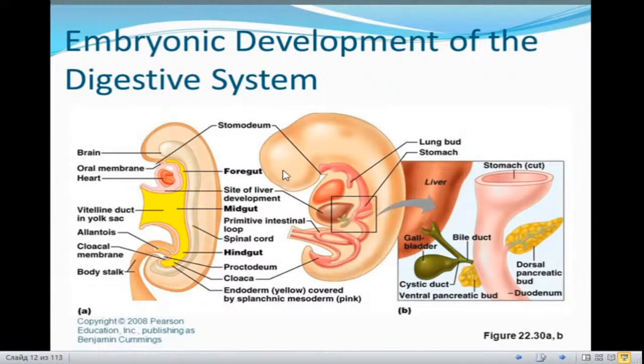Then from both ends of the embryo, from the oral part and from the caudal part, there grow the oral and anal pouches towards this canal, and they are developing from ectoderm.